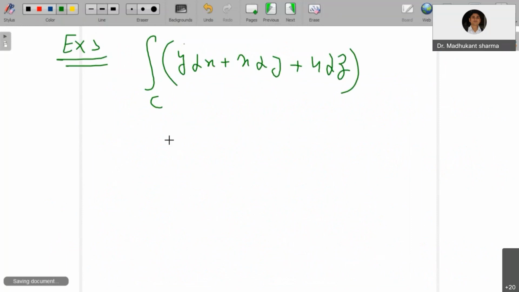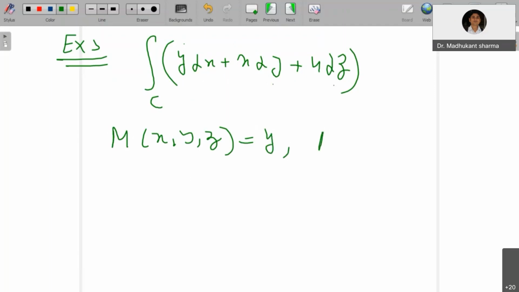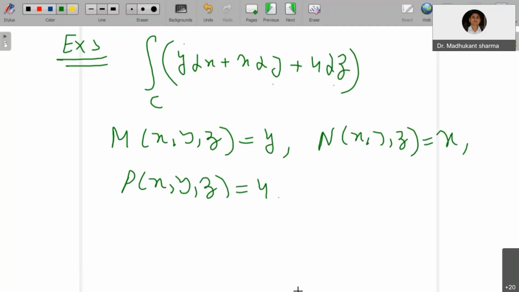I wish to know whether this differential is exact or not. So I have M dx plus N dy plus P dz, where M of x comma y comma z is y, N of x comma y comma z is equal to x, and P of x comma y comma z is equal to 4.